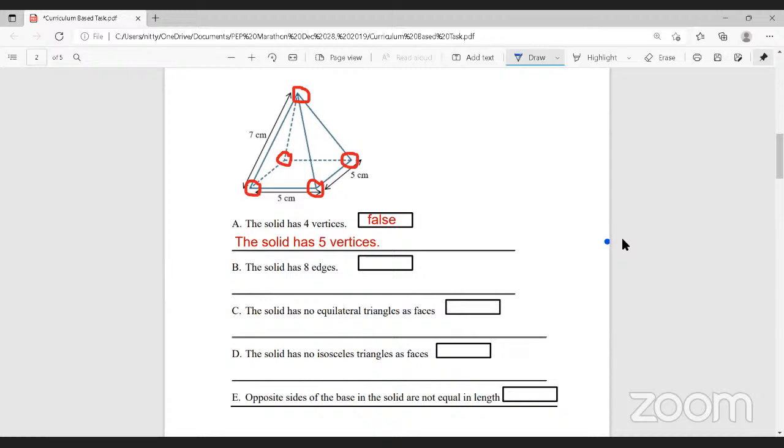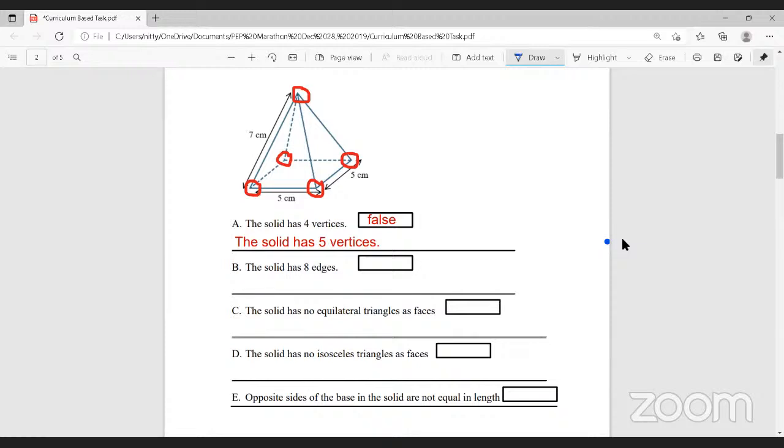What is considered to be the edge in a solid? All right, and it says true because it has 8 edges. All right, so what is an edge? What is an edge? We need to talk about that because in order to know if it has 8 edges, we must know what an edge is. So what is an edge?